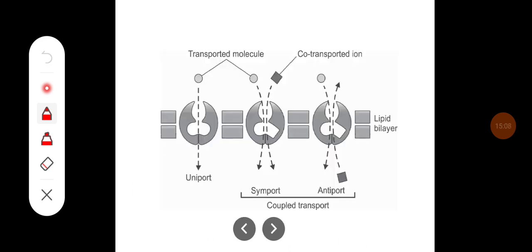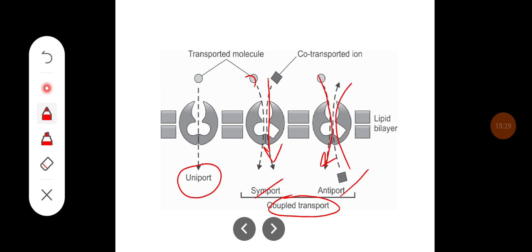Okay. So these are the examples showing the uniport mechanism and the coupled transport, which can be symport or antiport. In symport, the two substances are going to move in the same direction, whereas in antiport, the substances are going to move in opposite direction.